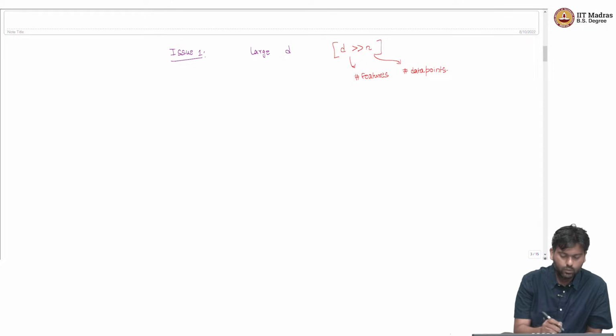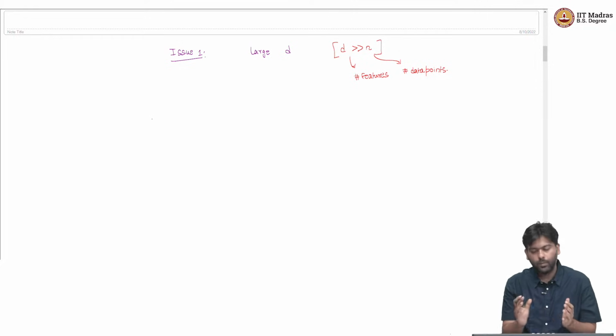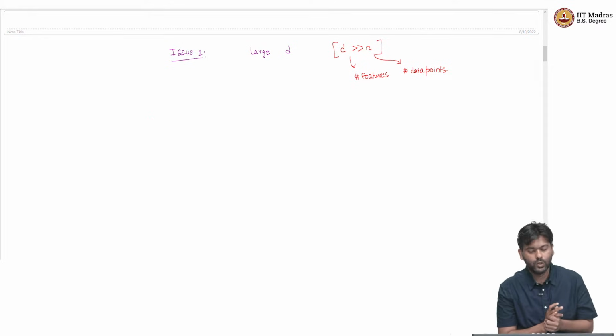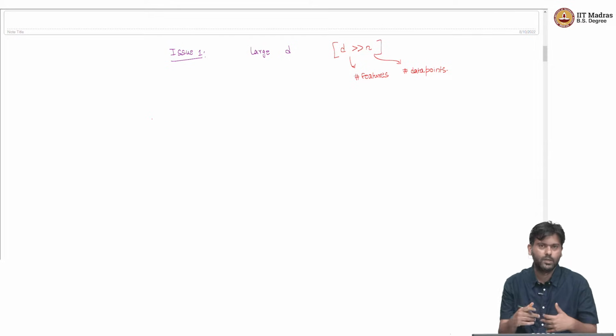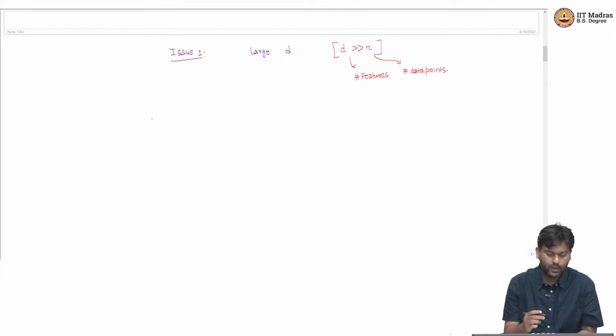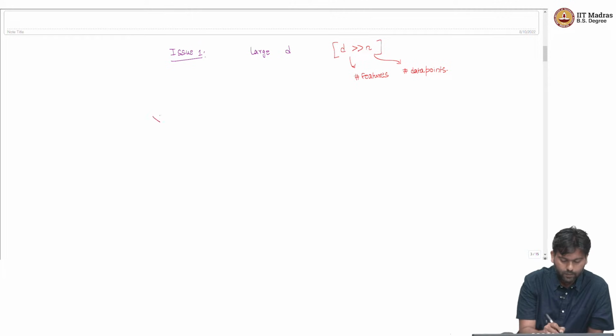Okay. So, let us do some notational simplification. This will really help us in solving this issue well. So, let us start by defining some matrices. The first matrix is the matrix of the data points.